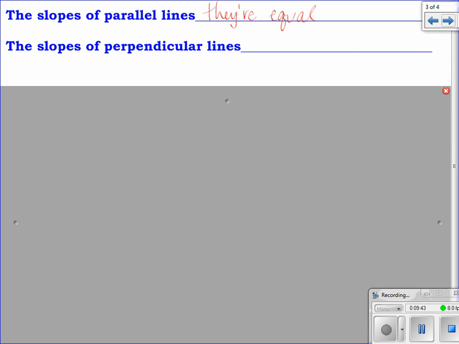Slopes of perpendicular lines, there's definitely some properties that are involved here. They're not going to be equal, that's for sure. Perpendicular lines, there's 2 things that happen. A positive and negative is going to be opposite.